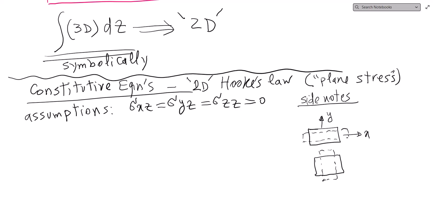So you see here that if I write epsilon x according to Hooke's law, this will be sigma x over E, modulus of elasticity.